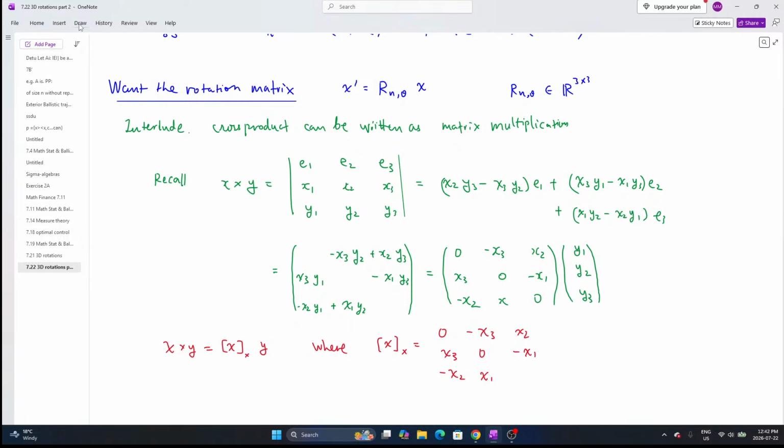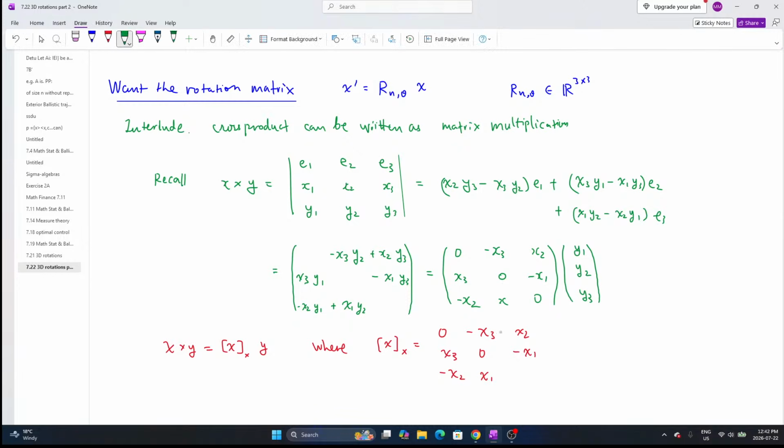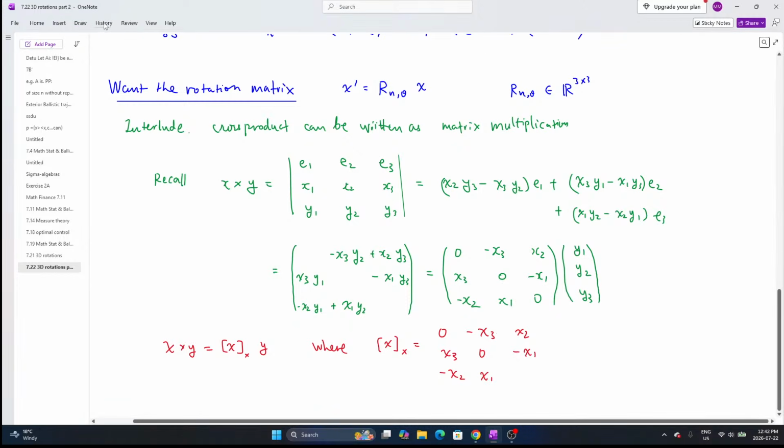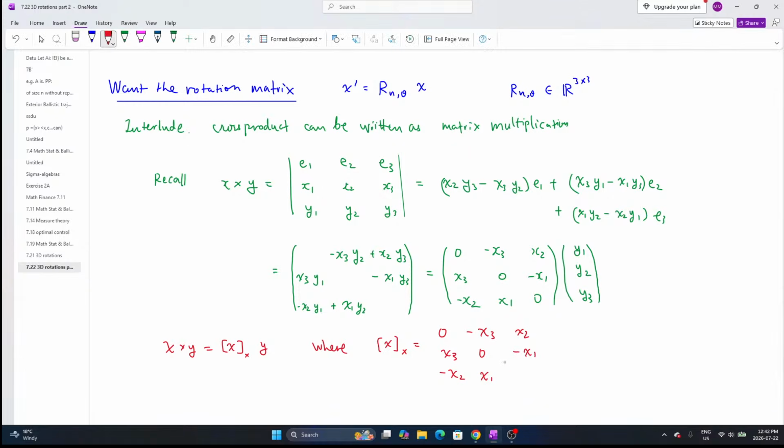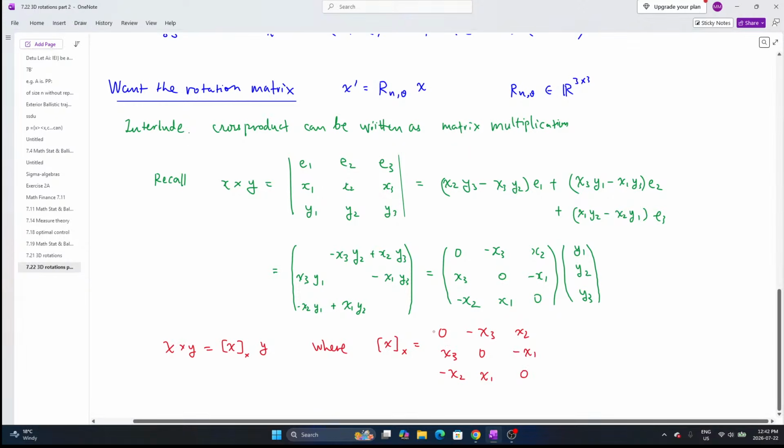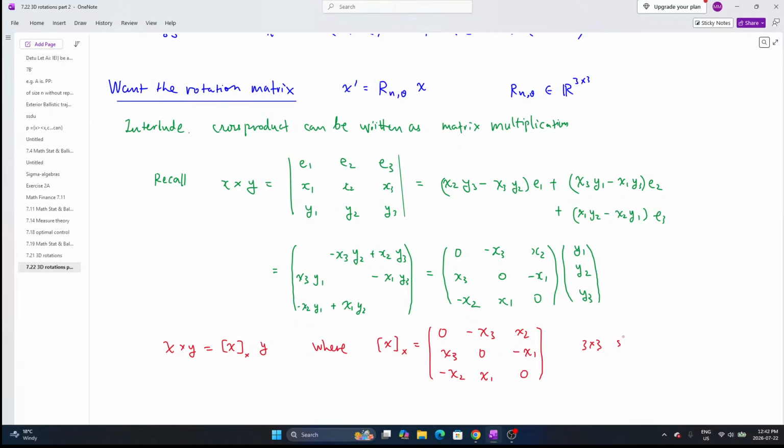Actually, I missed a subscript 1 here. What's so special about this matrix? Well, it's 3 by 3 skew symmetric. And in fact, every 3 by 3 skew symmetric matrix hides a vector. Yeah, I forgot a subscript in the middle. I fixed that. Thank you, Christian, for pointing it out. Skew symmetric.